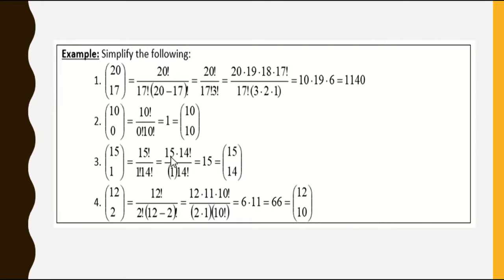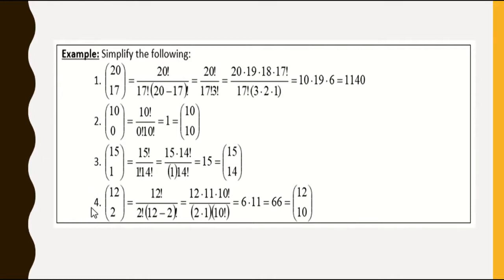Okay, so our 15 factorial can be 15 times 14 factorial, so that the 14 factorial can be canceled. 14 factorial over 14 factorial is 1. So what is left is 15 over 1, which is 15. And that means n is 15, r is 14. So 15 taken 14 at a time.